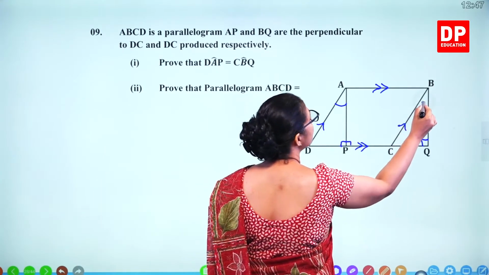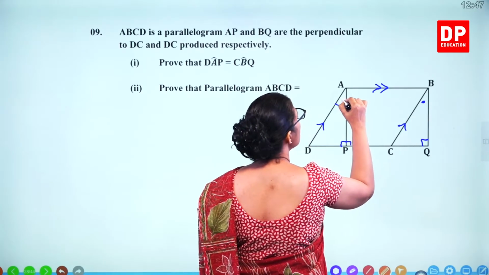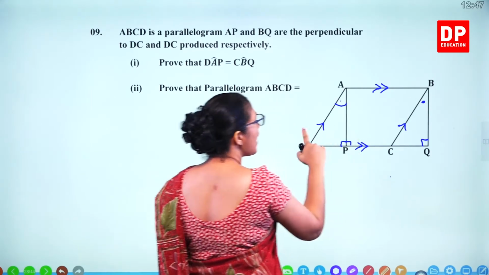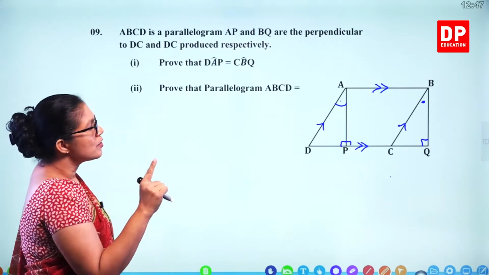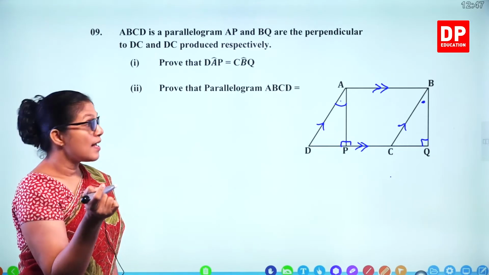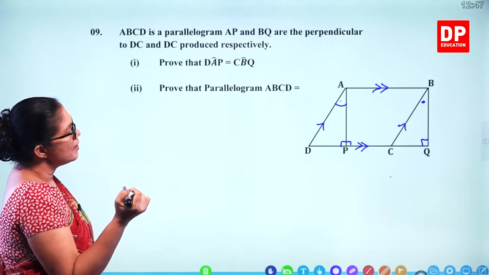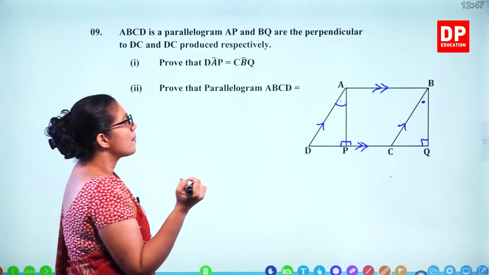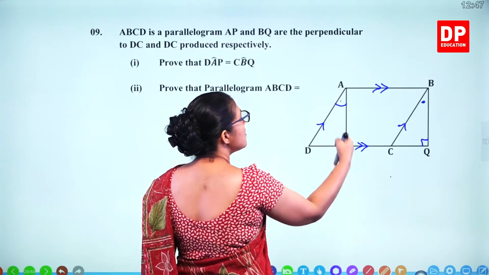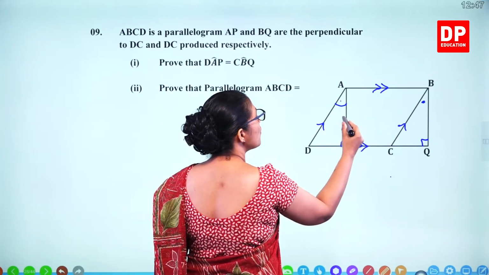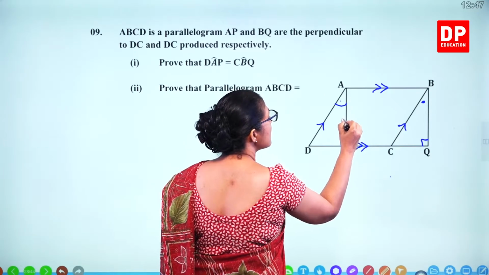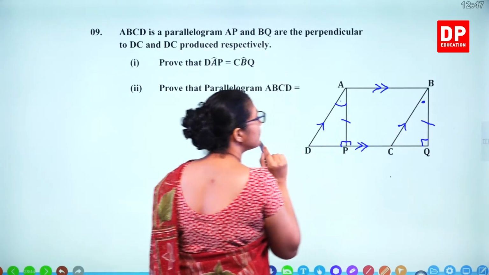So what can you say about this? If we can show that the 2 triangles are congruent, we can easily do that. So we know this is the perpendicular height drawn, so this length is equal to this length.